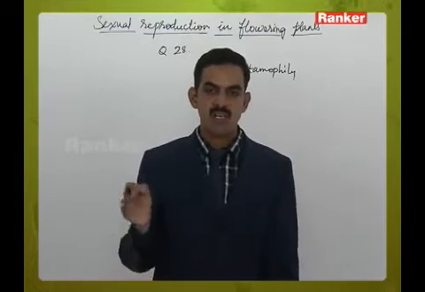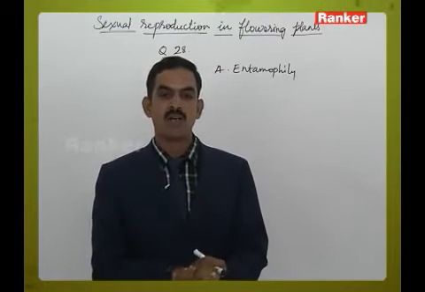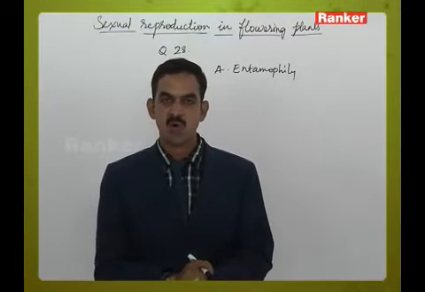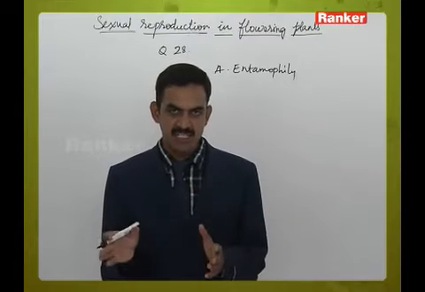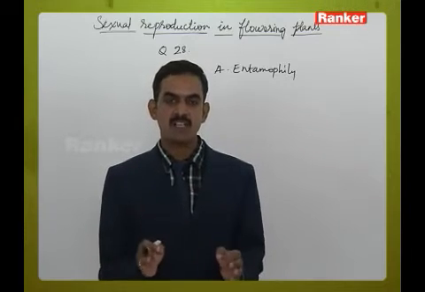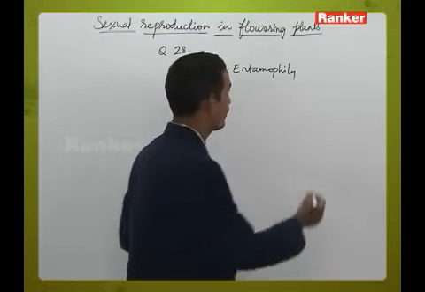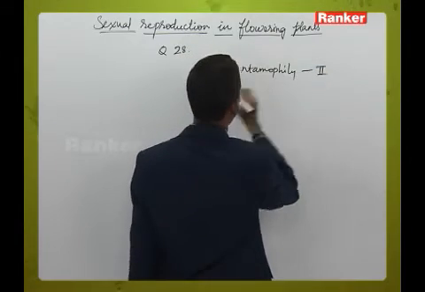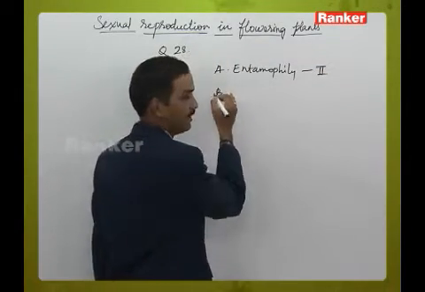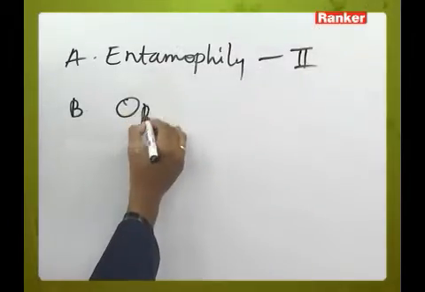Entomophily means pollination with the help of insects. Of all the biotic agents, the most frequently occurring method of pollination is by insects only. So entomophily means by insects, that is 2. B is ophiophily.